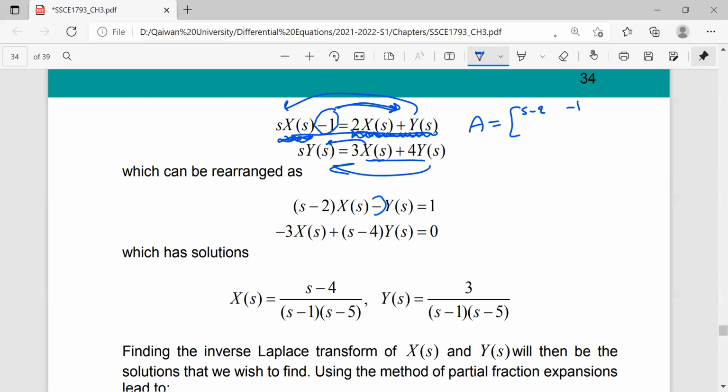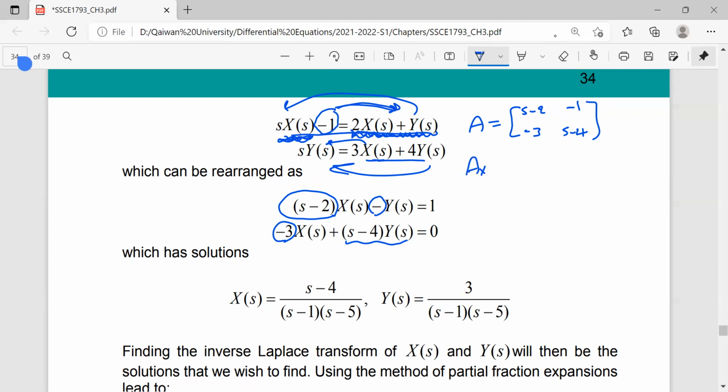The coefficient of y of s is minus 1, and the coefficient of x of s is s minus 2. And the coefficient of x of s here is minus 3. And the coefficient of y of s here is s minus 4. That's it.